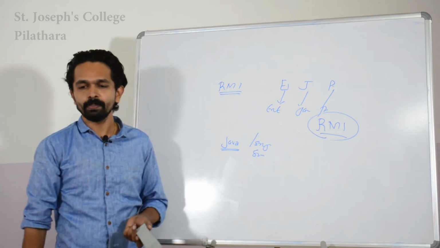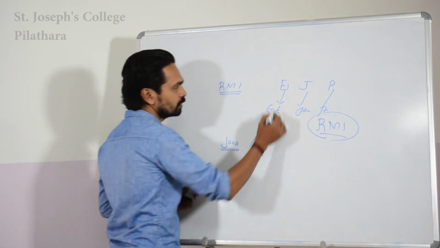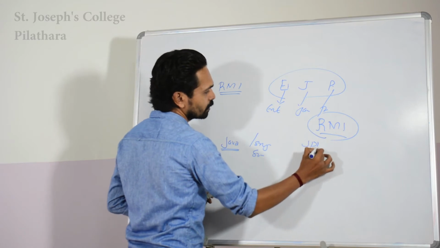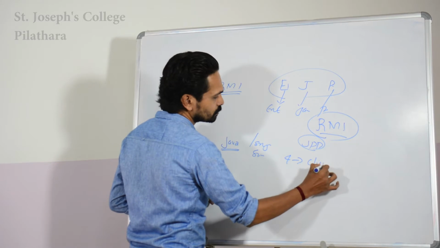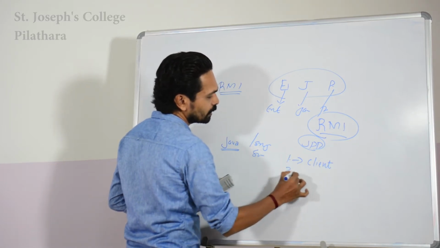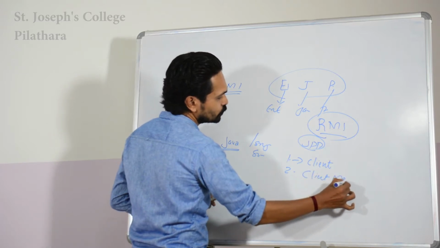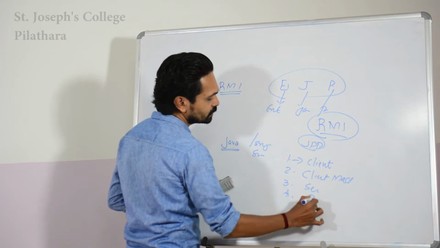There are four basic factors in this technology, in EJP or JDBC or RMI. The common four parts are client machine, server and database.